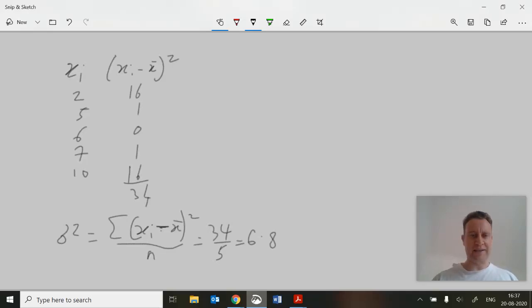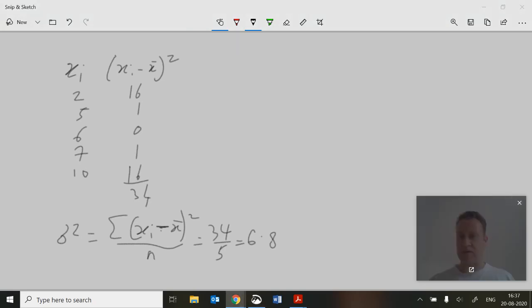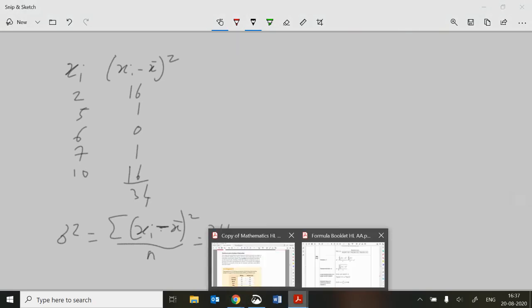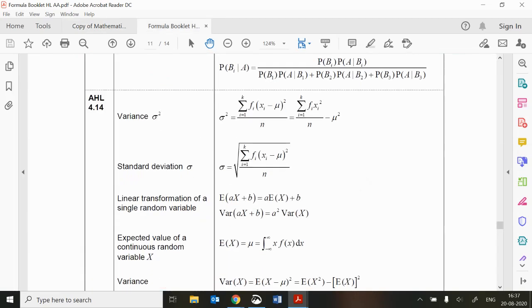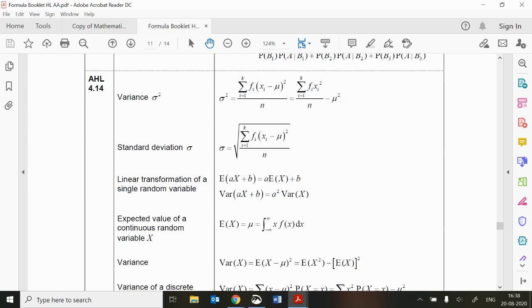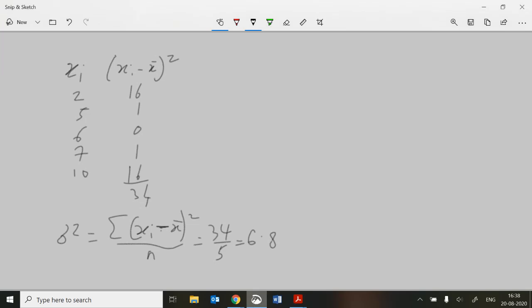I've just written this out again because this program strangely crashed. But what I was going to talk about was this, and talk about the fact that in the formula book, you've got two different versions here. So the standard deviation, if you look at where it says standard deviation there, you can see that it's got the square root of, and that's very similar to what we've written down here.